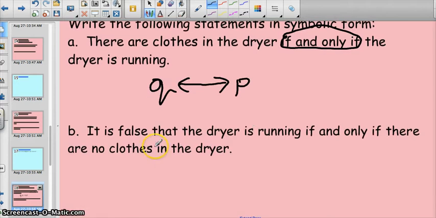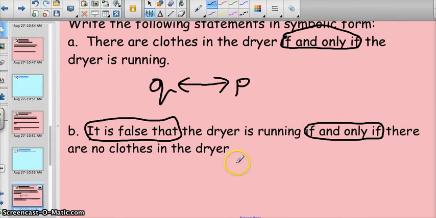On the second one, we've got "it is false that." This is one thing you've got to be careful about. It is false that is a negation. But what we do is write the rest of the statement out and then put the negation around that statement. The rest of the statement is the dryer is running if and only if there are no clothes in the dryer.